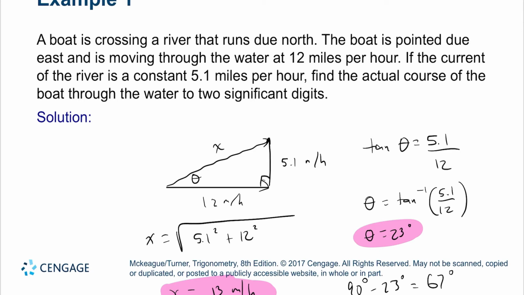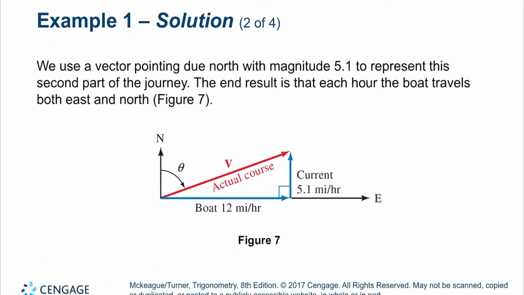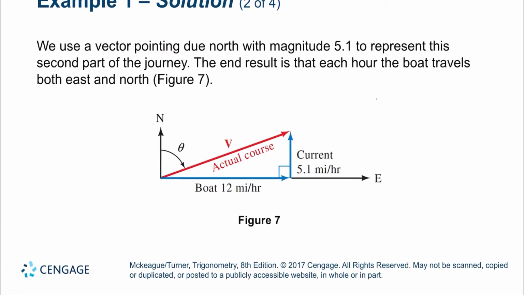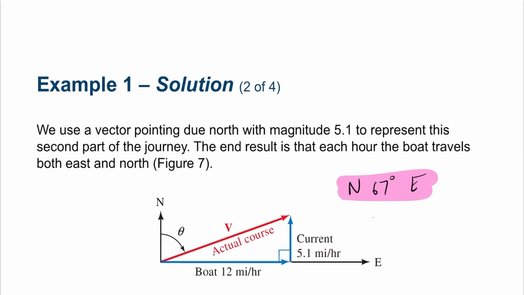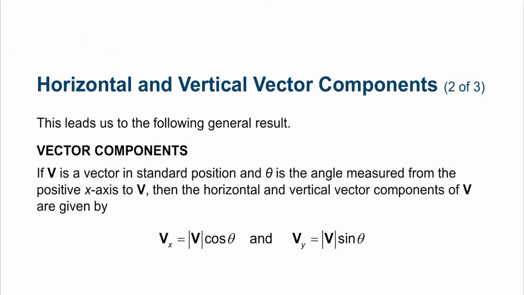So we can say that the boat is traveling 67 degrees northeast as a bearing at a speed of 13 miles per hour. And there we go. All right, let's move on to the next example.